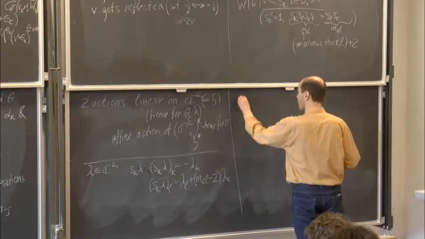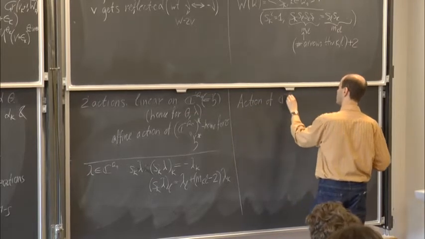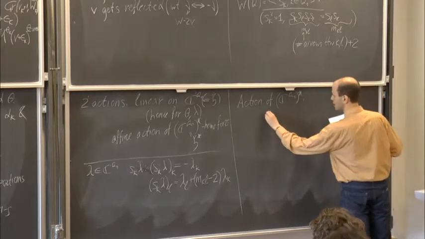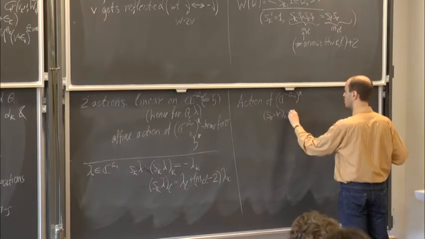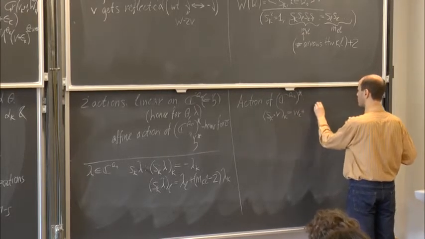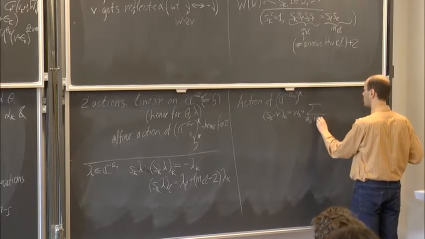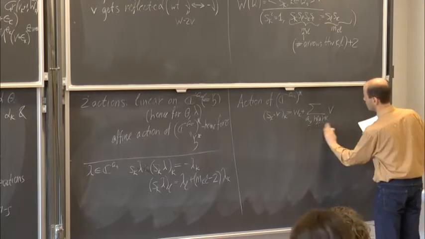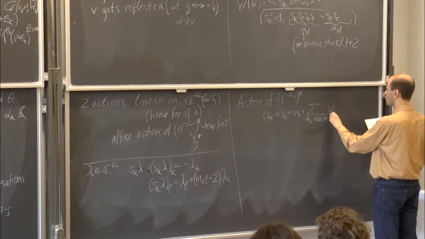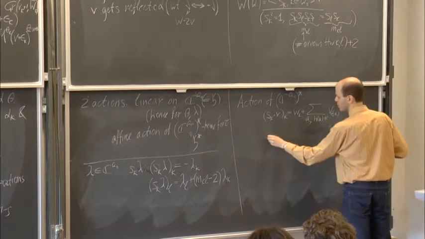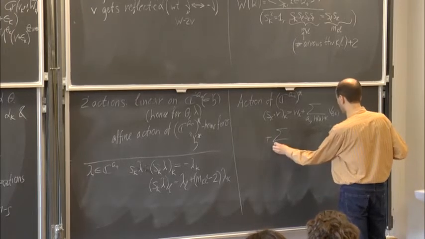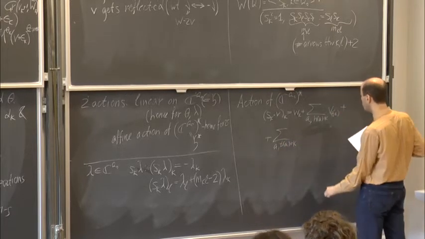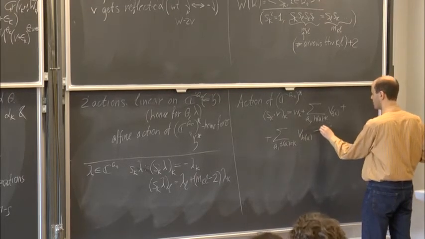And the action on C^Q0 star is given by Sk applied to V, where the k-th component is Wk plus the sum over all a with H of a equal to k of V T of a, plus the sum over all a such that T of a is equal to k of V H of a, minus Vk.